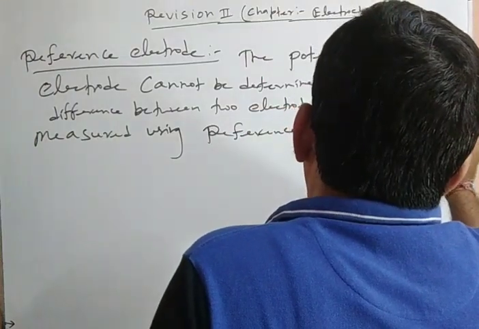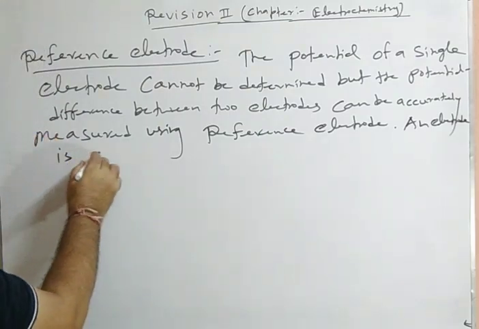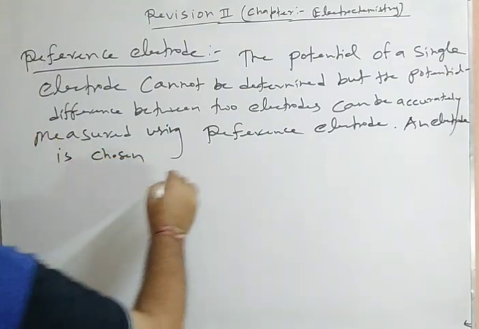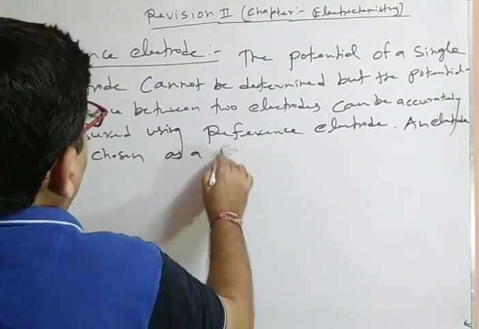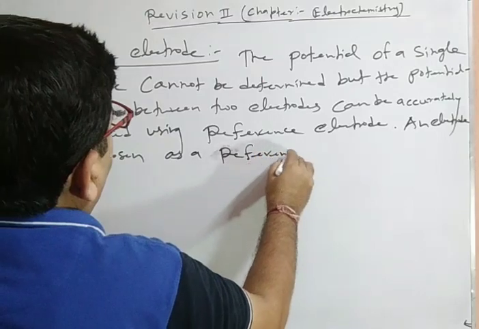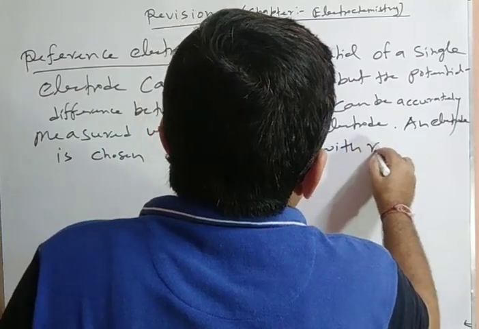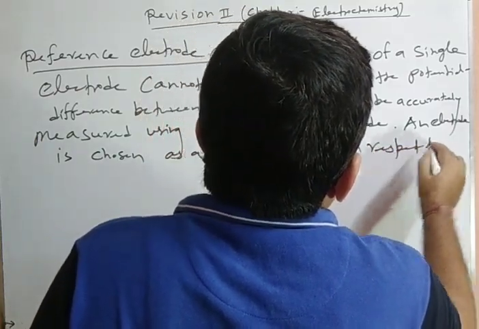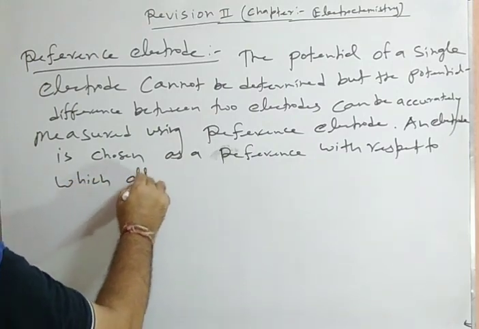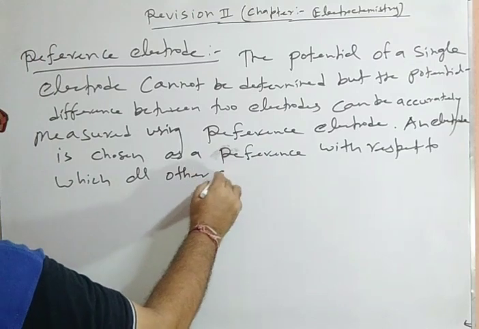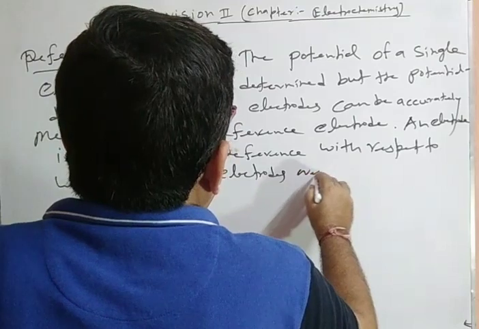And an electrode is chosen as a reference with respect to which all other electrodes are measured.